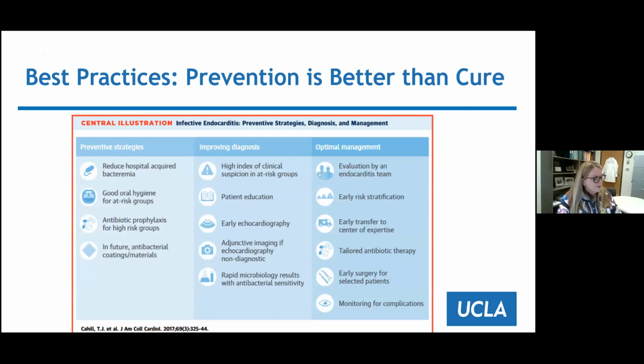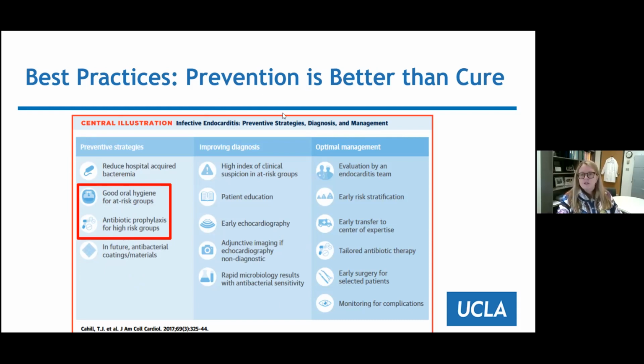Best practices. This was an article that came out in 2017 in the Journal of the American College of Cardiology, which updated what we're doing and the central themes of infectious endocarditis: prevention strategies, diagnosis, and management. You can see highlighted the good oral hygiene for at-risk groups, as well as antibiotics.